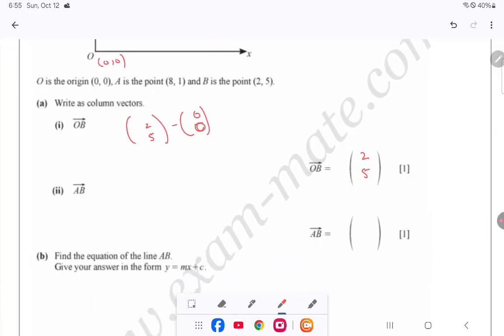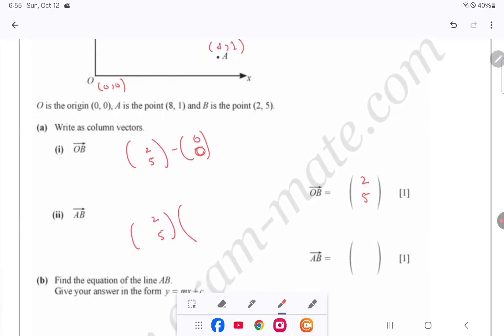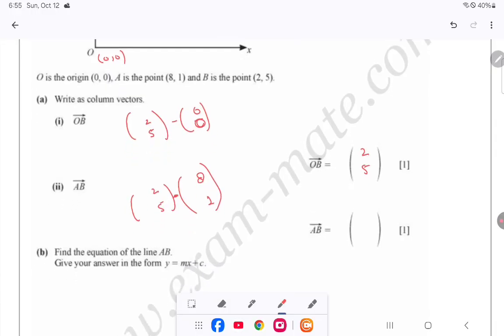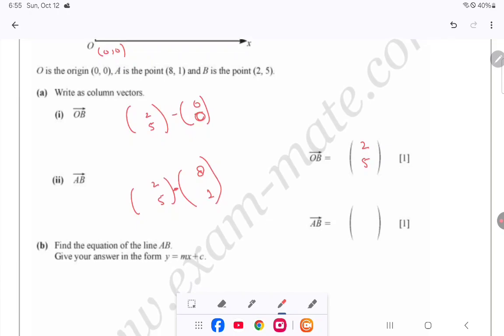Now AB means B minus A. B is 2 over 5, A is 8 over 1, and I'm subtracting. Now the distance of A to B will be negative 6 over 4.